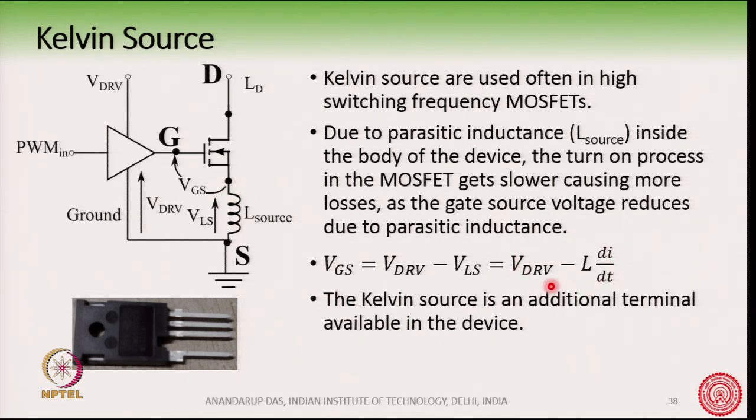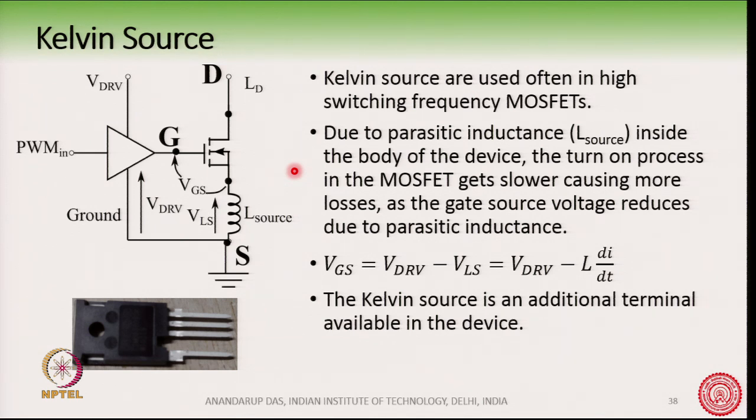So, this is equal to V drive minus L di/dt, and so when the current is rising through this MOSFET, this value will cause VGS to fall, okay, when the current is rising. That is what is happening during turn on. So, this VGS actual voltage which is available across the gate source terminal of the MOSFET is lower than the V drive or 15 volt.